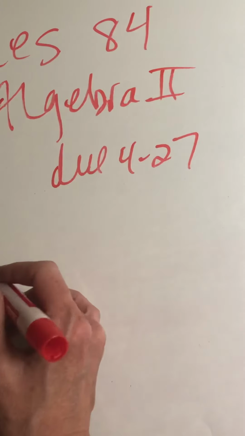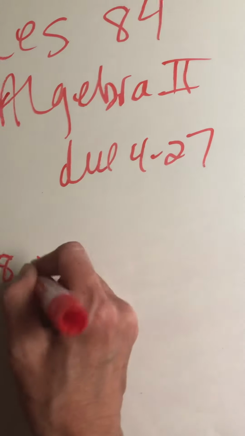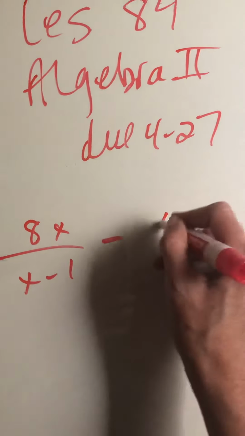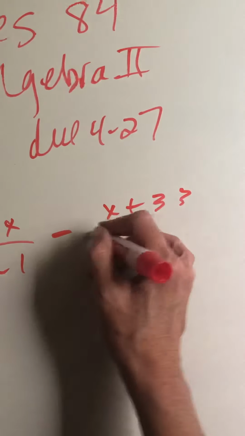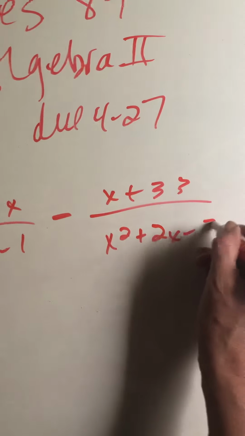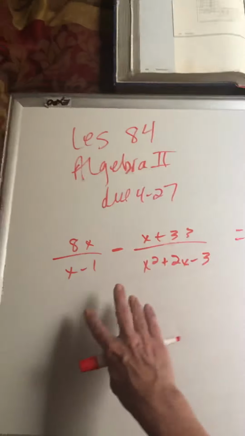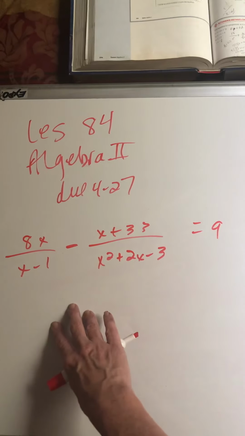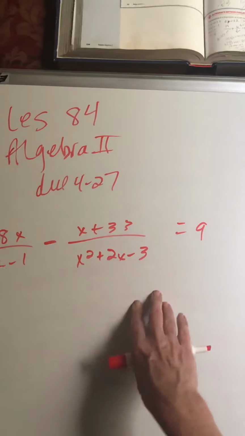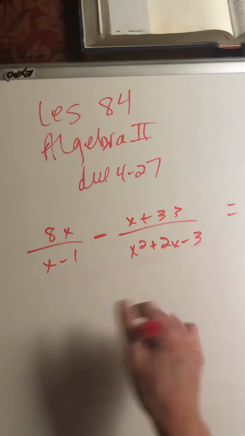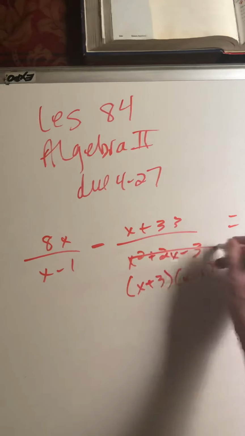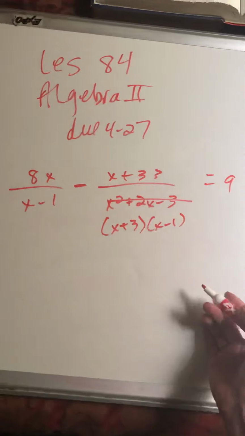Okay, so let's see. We have 8x over x minus 1 minus x plus 33 over x squared plus 2x minus 3 equals 9. Okay, got to factor x squared plus 2x minus 3, x plus 3, x minus 1, and then find the common denominator, which is x plus 3, x minus 1.